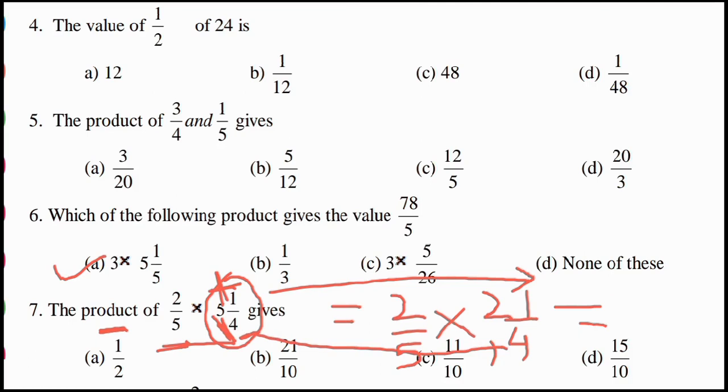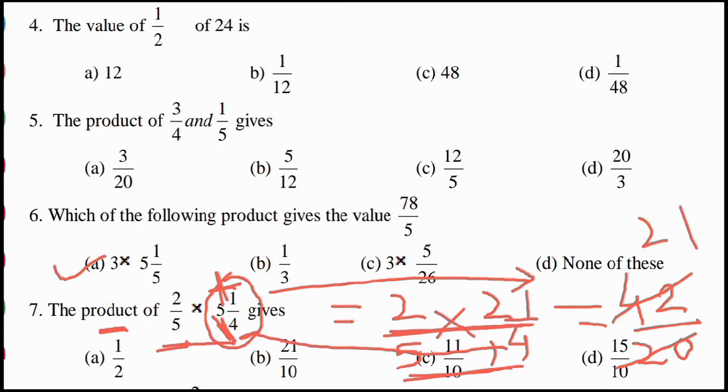Now we do multiplication of 21 and 2. So 21 2s are 42 and 5 4s are 20. It is 42 upon 20. Now you can simplify it, right? You can cancel 2 from each, and here 21 2s are 42 and 2 10s are 20.